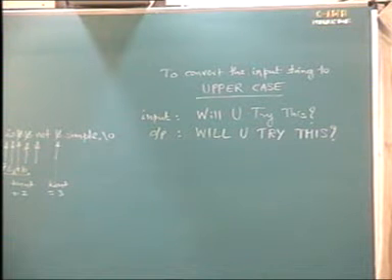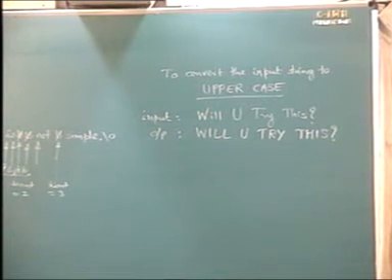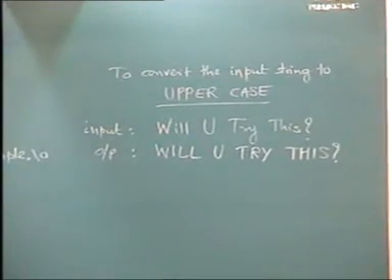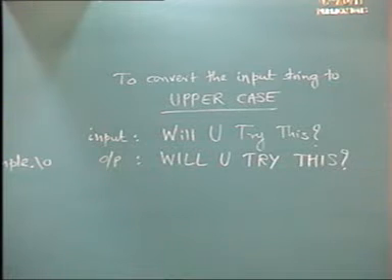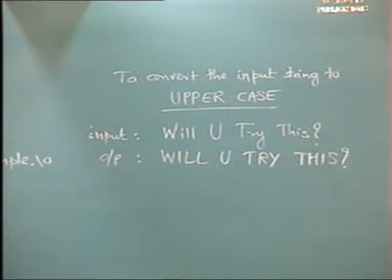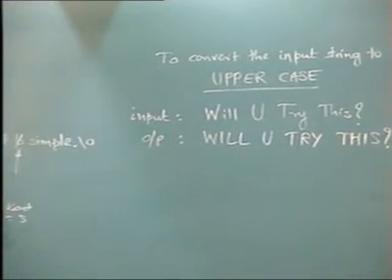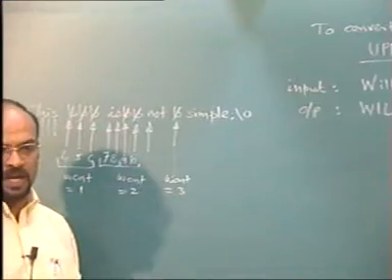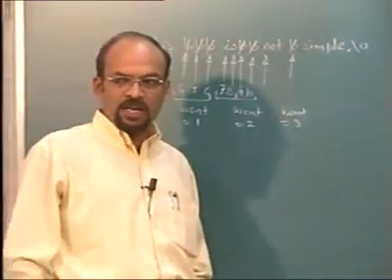Whatever is the input character, replace it by the corresponding uppercase. If it is lowercase, if it is any other character like a space, leave it as it is. If it is question mark, leave it as it is. Only the lowercase characters should be converted to uppercase.